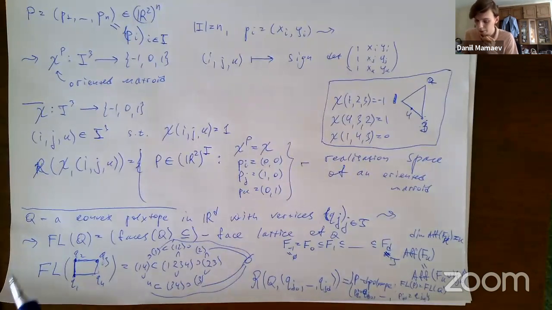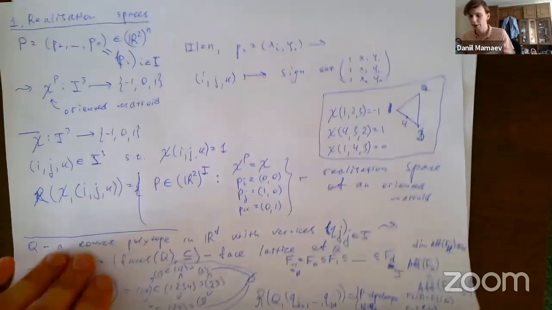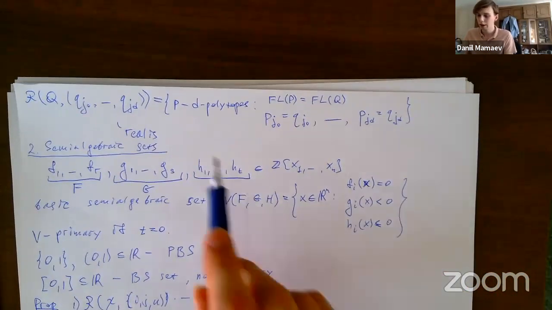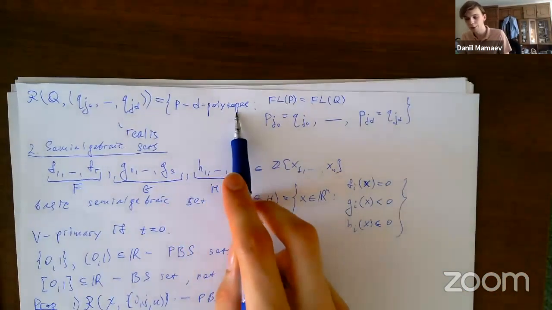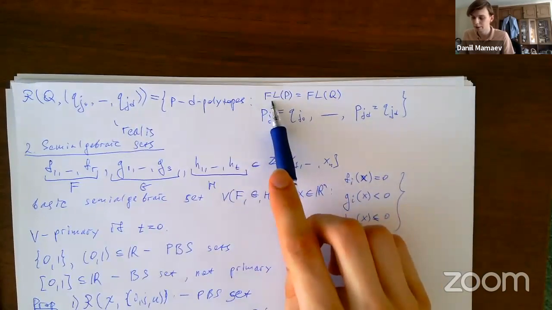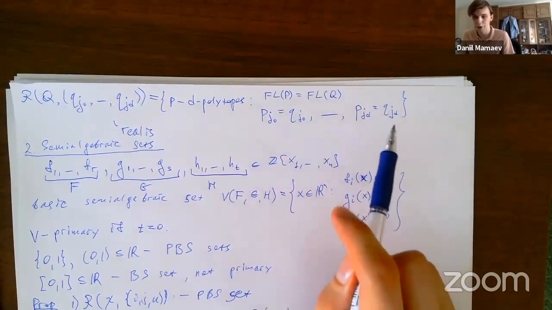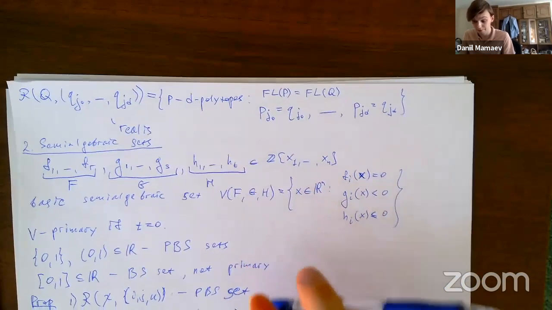And also, if we have a convex polytope, then from this we get a face lattice of this polytope, and the realization space of a polytope is the set of all polytopes having the same face lattice. We also fix some vertices because we want to factor out affine transformations.